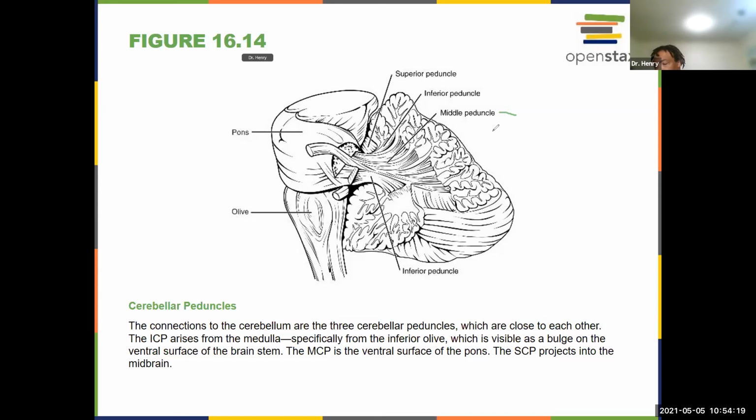And then the superior, which is the major output of the cerebellum, is going to be divided into the red nucleus in the midbrain and the thalamus. And then it's going to return processing to the motor cortex.